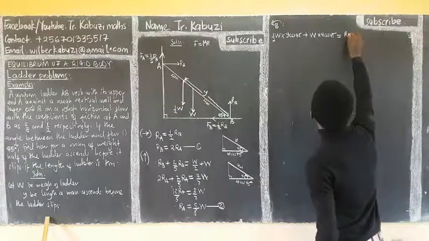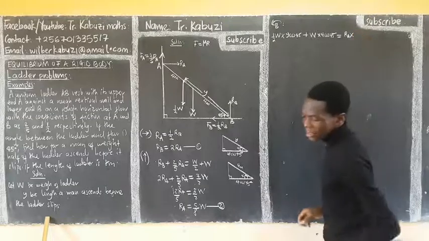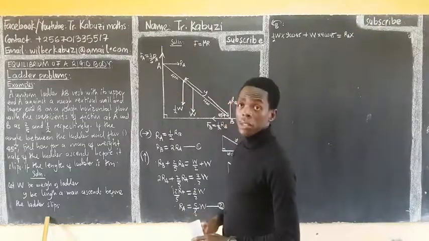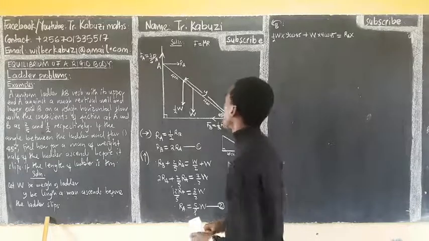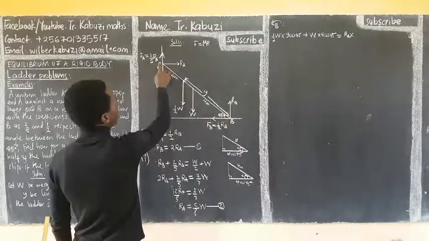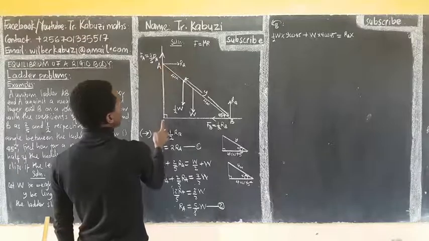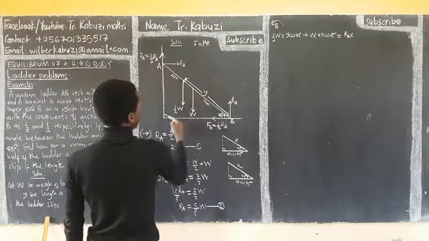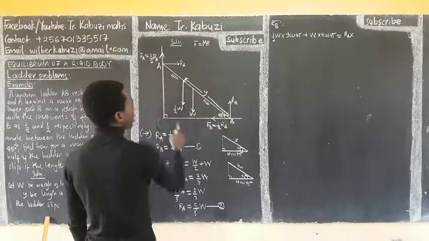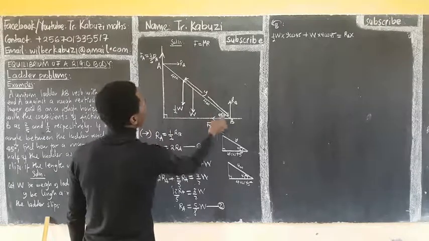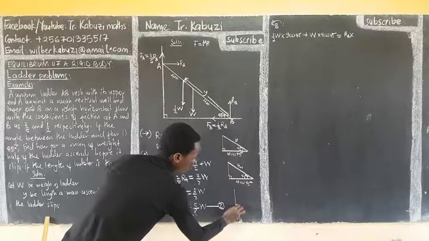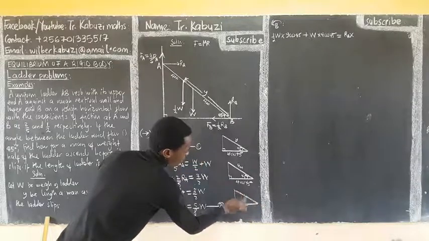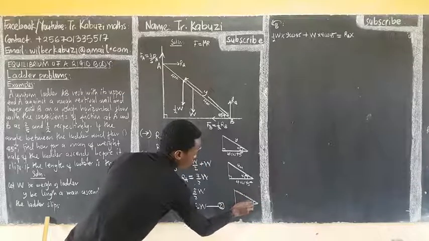So RA times what's the perpendicular distance? You see RA is horizontal, meaning its perpendicular distance is going to be vertical. Now, you see, this is the distance we want, vertical to B. So from here up to here is the same as from here up to here. So I need this, but this is a big triangle. If I draw a simple triangle in relation to that, this will still be 45.